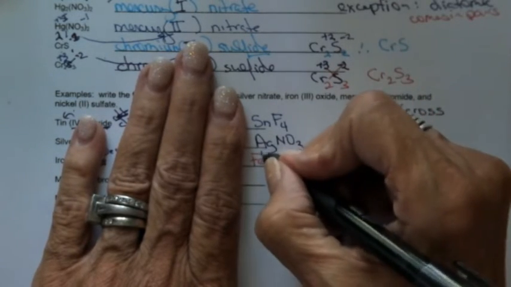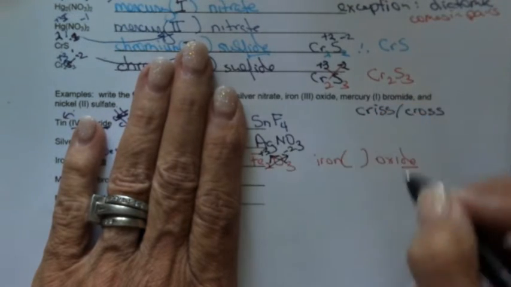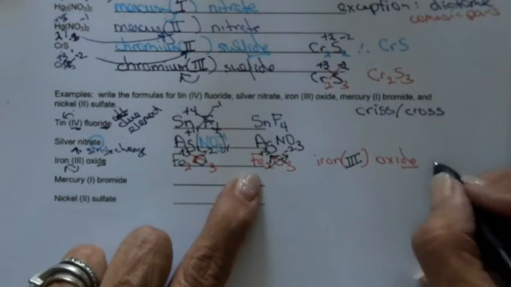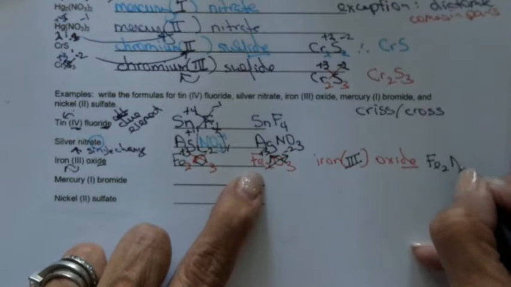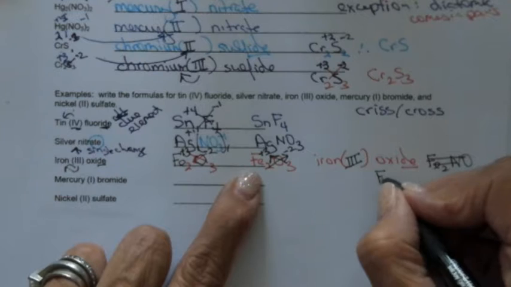Therefore, this 3 becomes a +3, this 2 becomes a -2, and I can put a Roman numeral III. So I have checked my work, and I have come up with exactly the same thing I started with. So I know Fe2O3 is my compound. This is an internal check that you can do anytime.